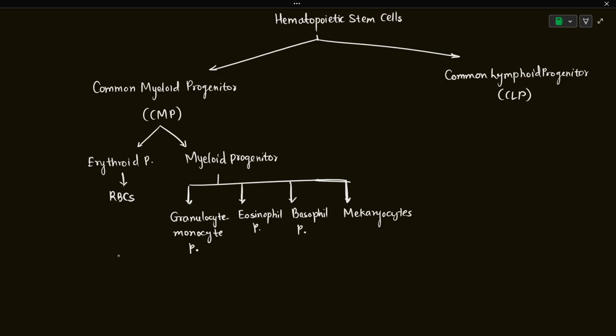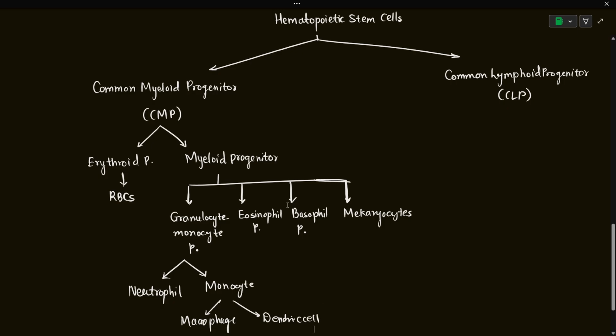Right? The granulocyte monocyte progenitor cell can either form the granulocyte neutrophil or it can form the monocyte. This monocyte can further in future form a macrophage, or it can even get differentiated into a dendritic cell.